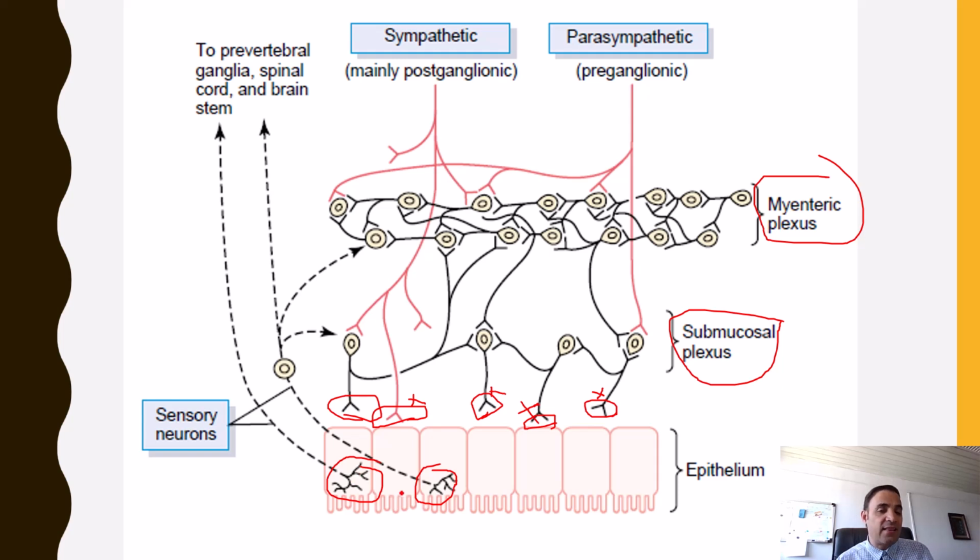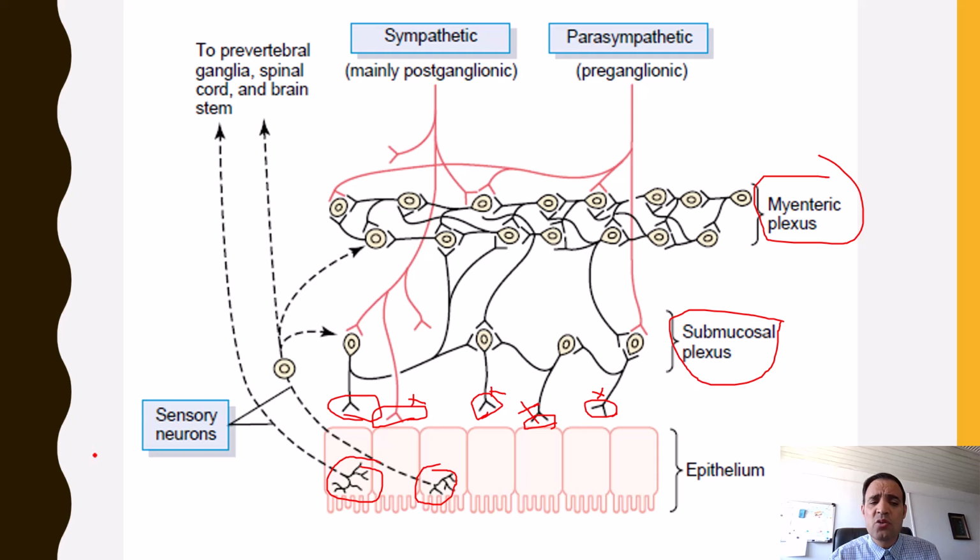Okay, and then this network generates the response, and by these efferent endings, the response will be generated. For example, a secretion will be stimulated, or a secretion will be inhibited, or a contraction will be initiated or inhibited. These are generated by the ENS, or enteric nervous system.